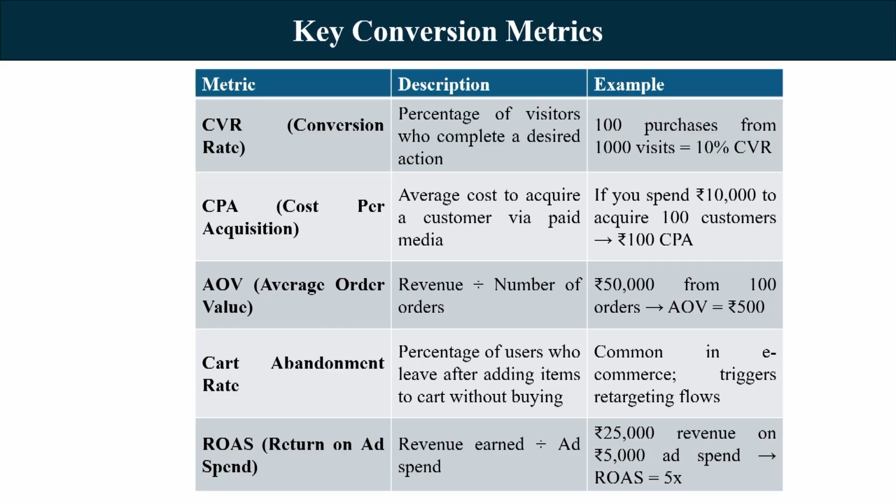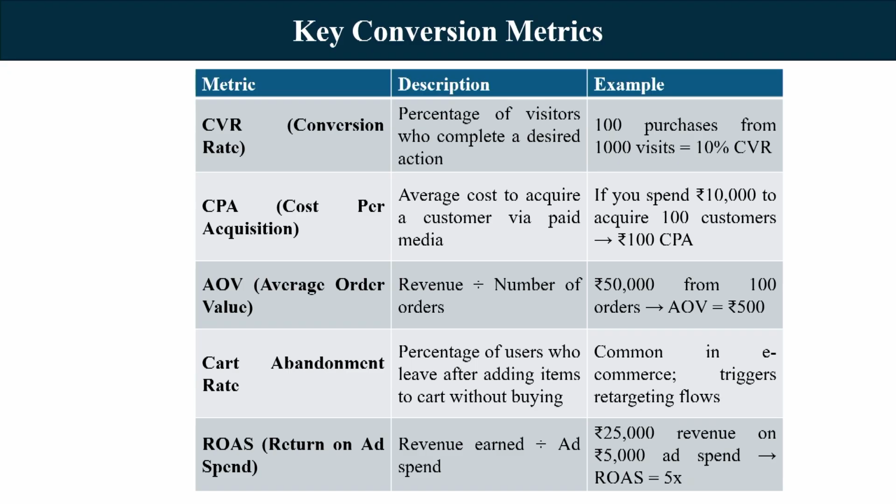Next conversion metric is ROAS, or return on ad spend. Definition-wise, it is total revenue earned divided by total spending on advertisement. So, this is one of the outcome metrics, like ROI. Let us say 25,000 rupees revenue on 5,000 ad spend.